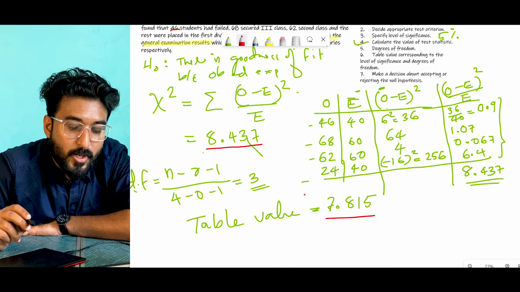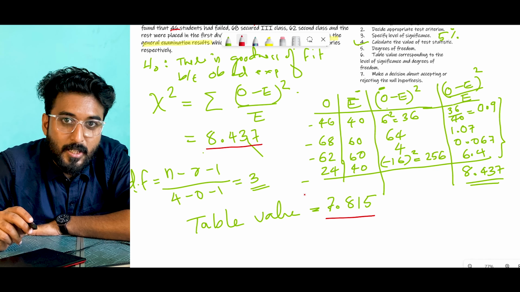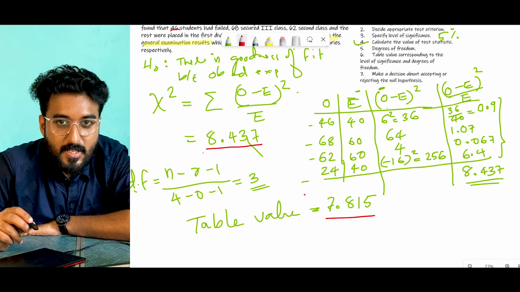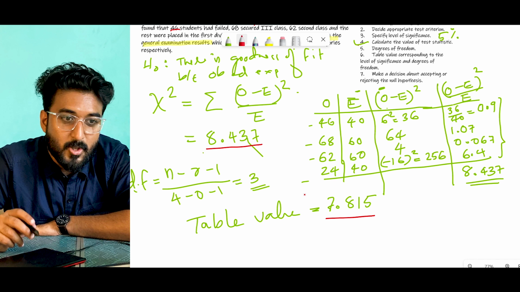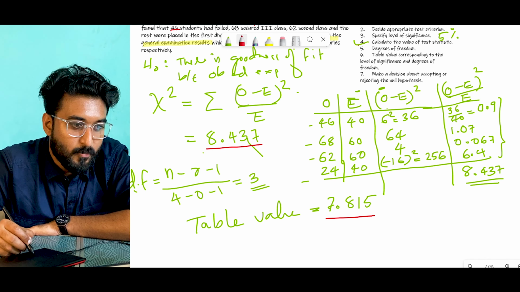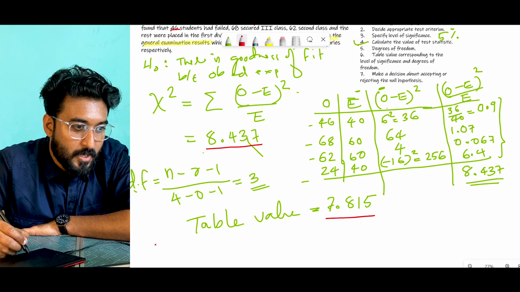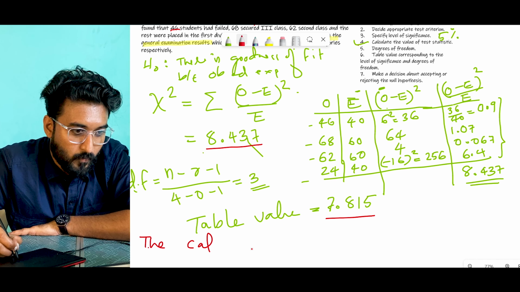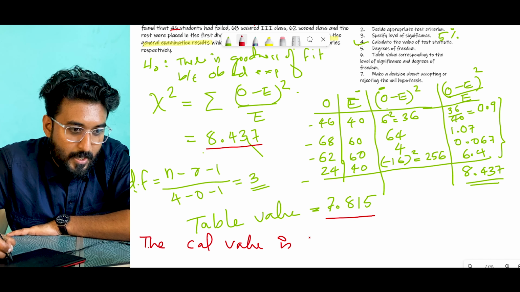There is no goodness of fit between the expected frequencies and the observed frequency. So this is the result. So what is the conclusion for this? Our decision is this: the calculated value is greater than the table value.